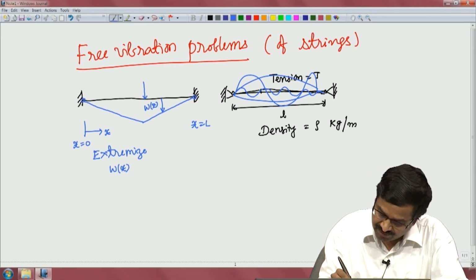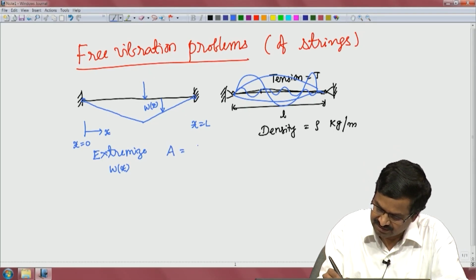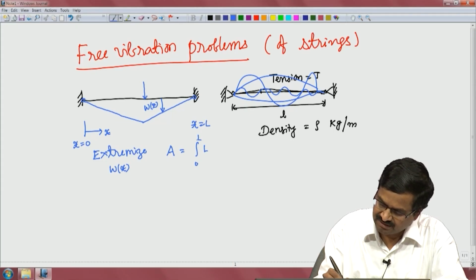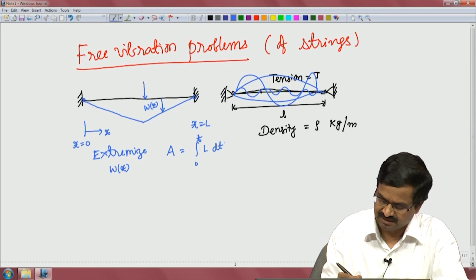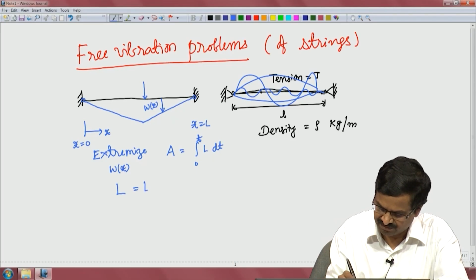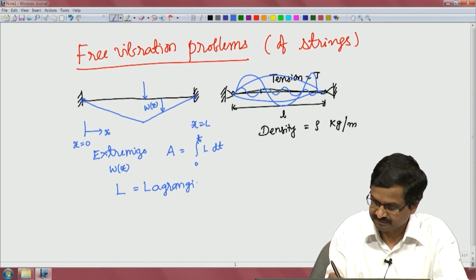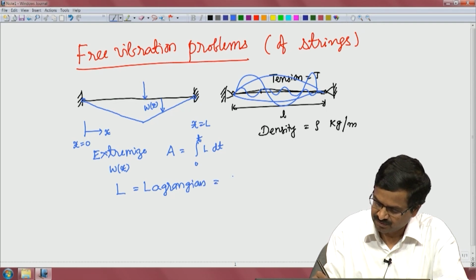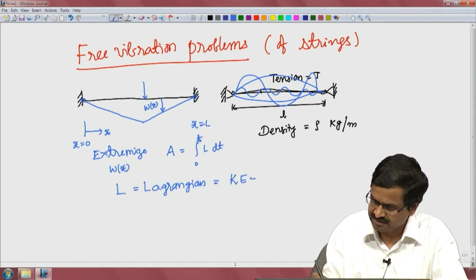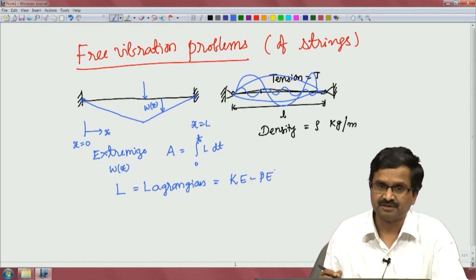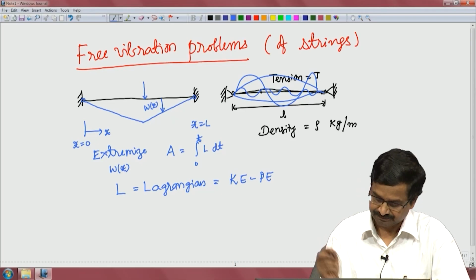What do we have? We have this action integral, which is integral of Lagrangian with respect to some time t, L dt. And what is L? That is our Lagrangian, which is kinetic energy minus potential energy. Okay.